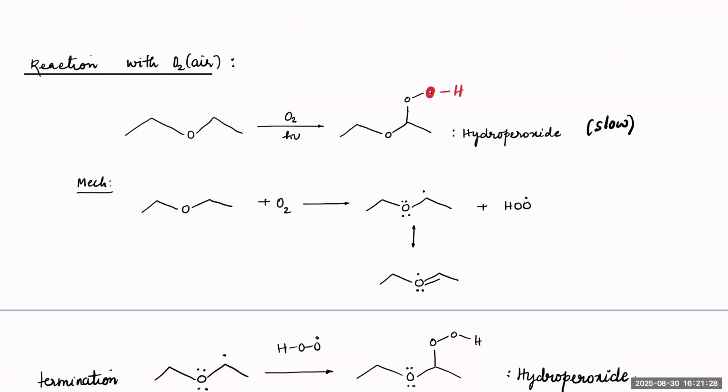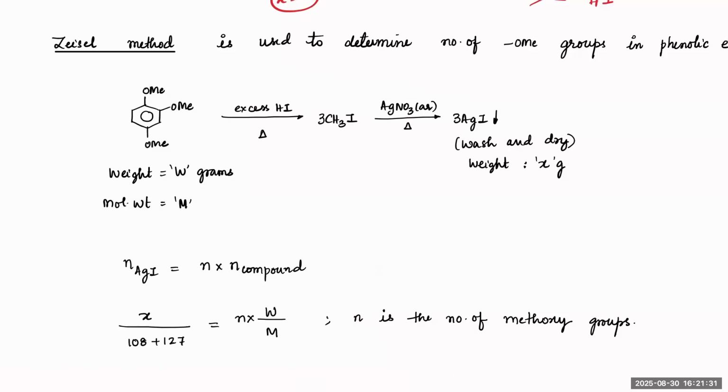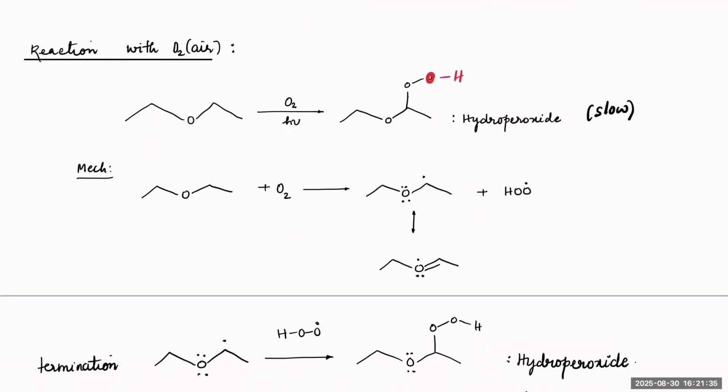Yes, sir. Right. So these are all the reactions of ethers. The last reaction is about how it reacts with air. With air, basically at the alpha position of oxygen, you will get a peroxy linkage. But this is a very slow process.